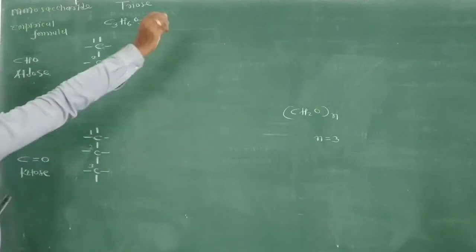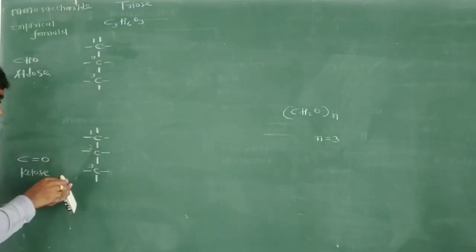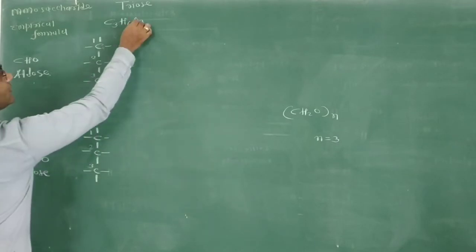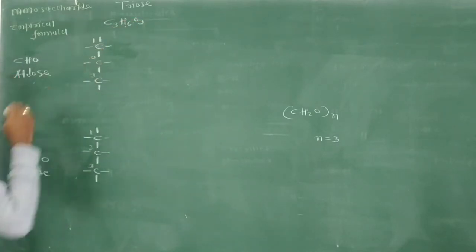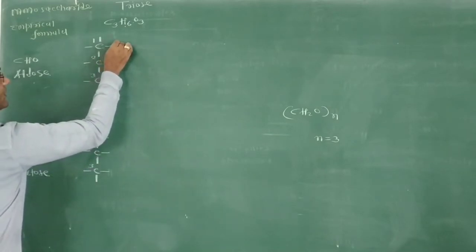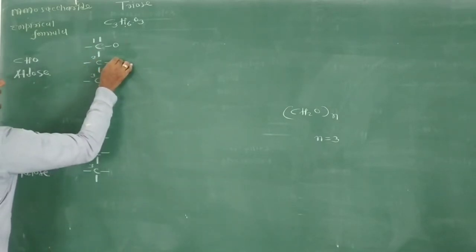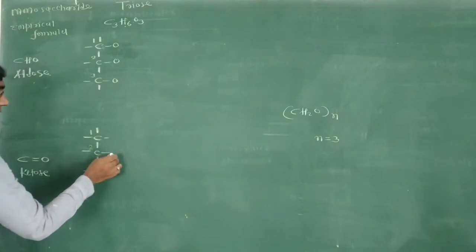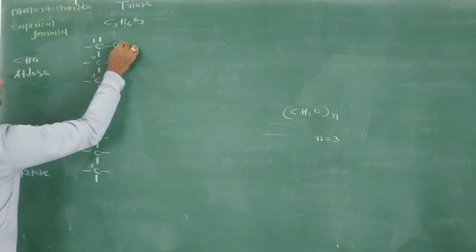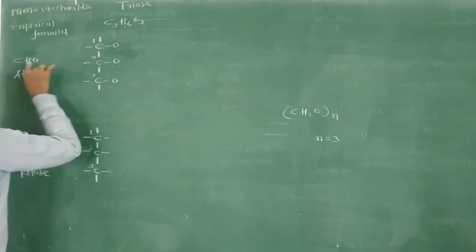Okay, now we have to arrange 3 oxygen and 6 hydrogen. 3 carbons are already arranged. Oxygen: first, second and third. Now arrange hydrogen.